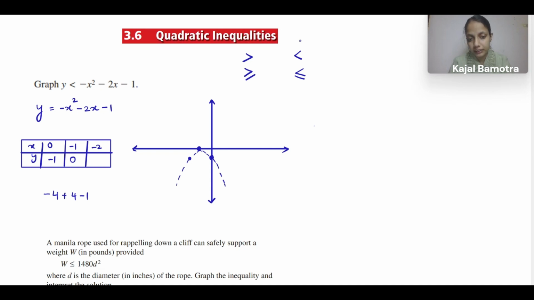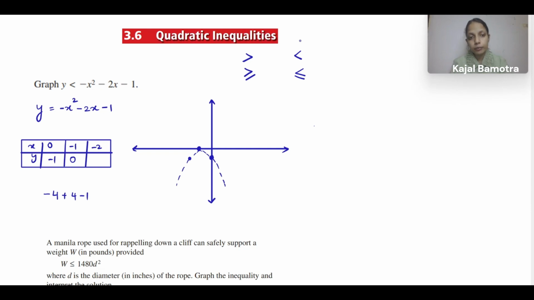To check which area I have to shade, I have two parts. One is outside this parabola and one is inside this parabola. We are going to check which part I have to take. Suppose I choose the point 0, 0. The point 0, 0 is outside. If it satisfies the inequality, that means the shaded area contains 0, 0. Otherwise not.